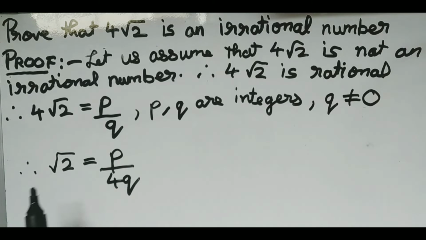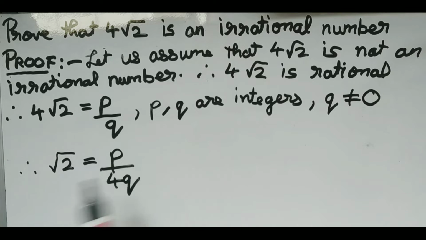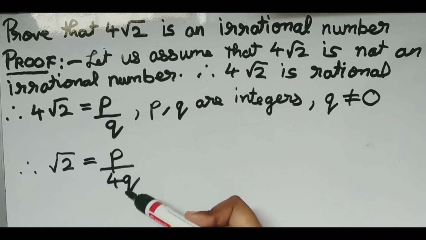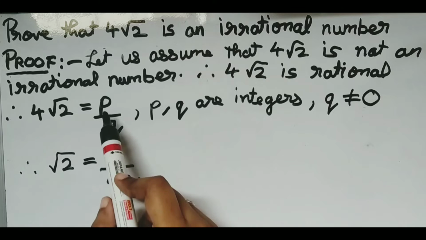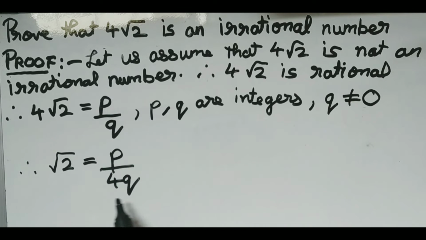So in this equation, the left hand side is root 2 and the right hand side is P upon 4Q. The left hand side is root 2, which is an irrational number, we know. And this right hand side is a rational number. Why? Because P and Q are integers and 4 is also an integer.